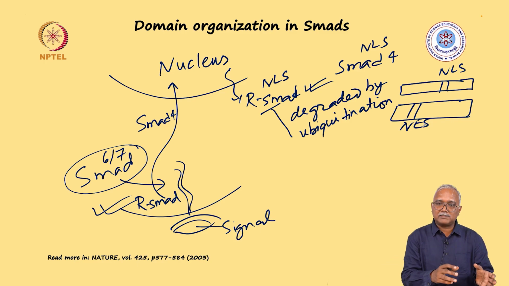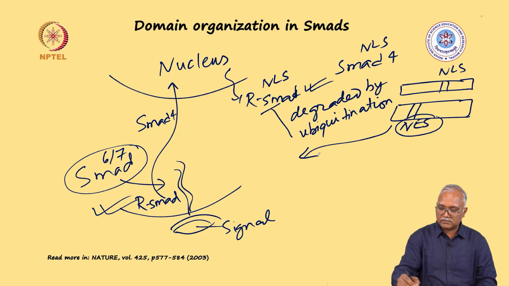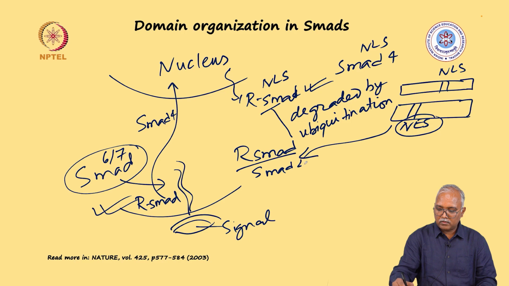Once the job is done inside the nucleus and dephosphorylation event is performed, you will have this nuclear export signal exposed, and this will take the entire complex, R-SMAD and SMAD4, out of the nucleus into the cytosol where they will be degraded.